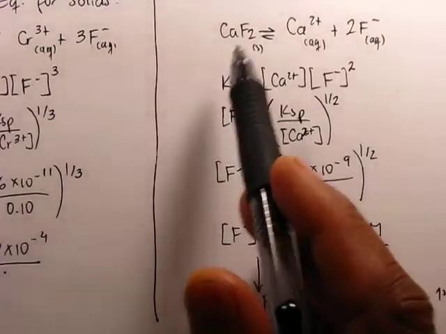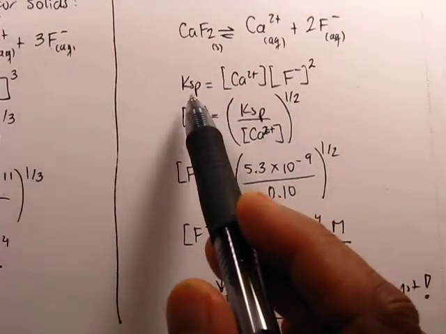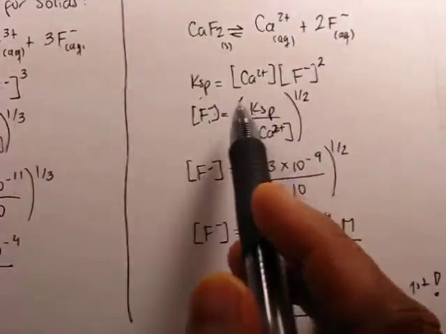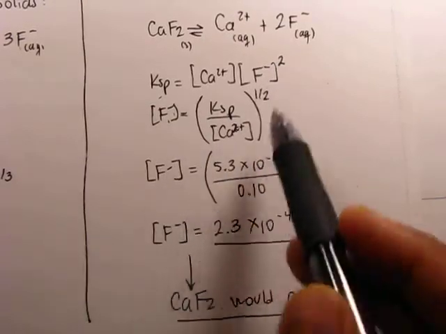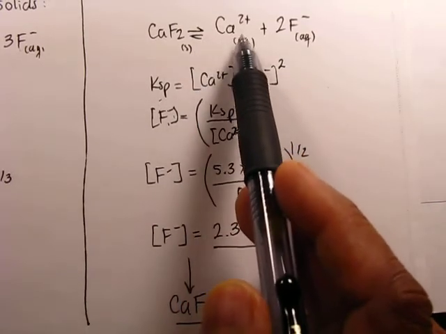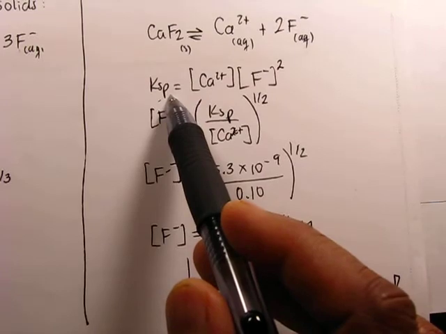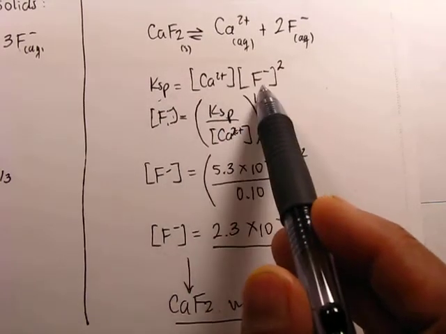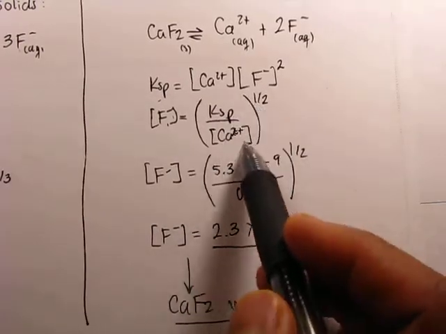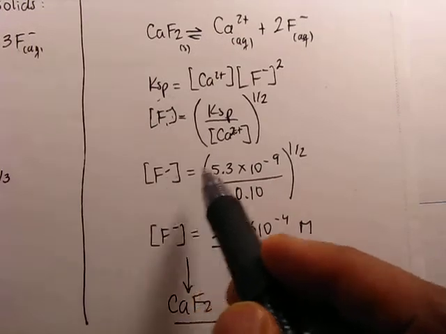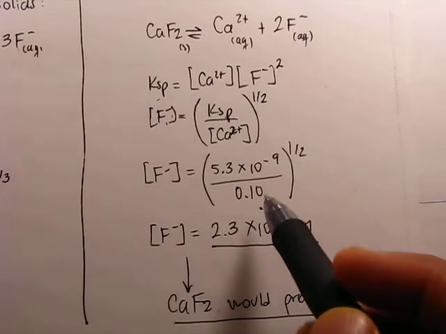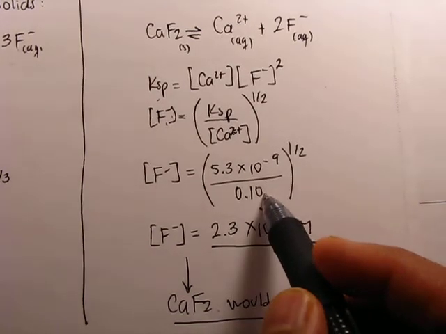And in the case of calcium fluoride, here we will find the fluoride ion concentration. Calcium fluoride will dissociate into calcium ion and 2 fluoride ions. So Ksp for this one is calcium ion times fluoride ion squared. Fluoride ion will be equal to Ksp divided by calcium ion, raised to the power half, and the fluoride ion concentration will be calculated using Ksp and the calcium nitrate concentration.